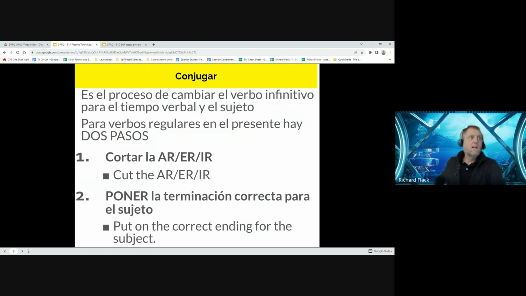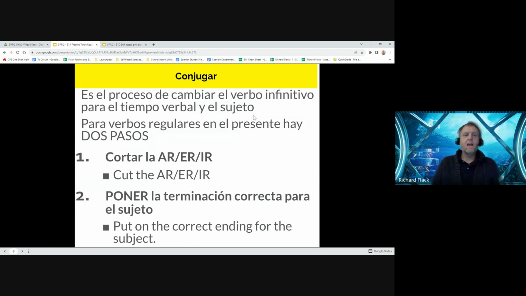So, conjugation is the process of changing the verb from the infinitive form. The infinitive form means it's in its raw state. We haven't done anything with it. And we're going to change it to make it match the tense, tiempo verbal, tense, future, past, present, and for the subject, the person or thing doing the action.